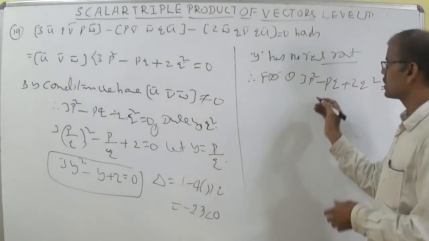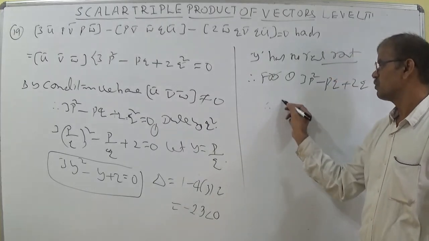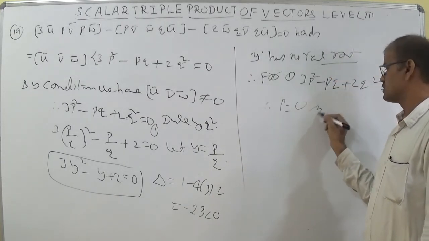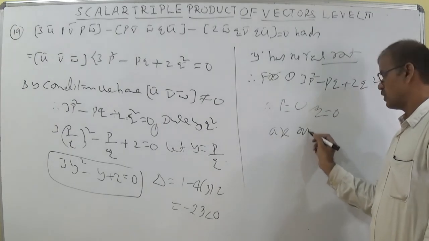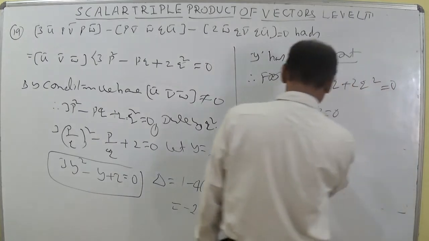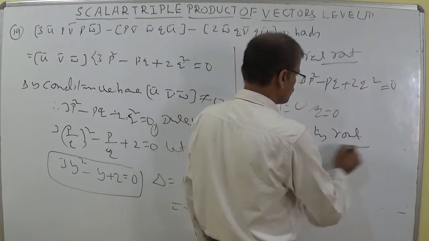So we can conclude that there is no proper solution. Hence, we can say that p equal to 0 and q equal to 0 are the only roots.